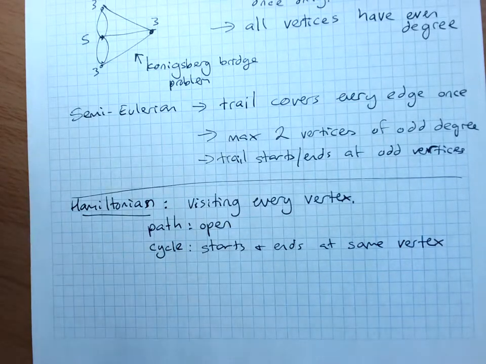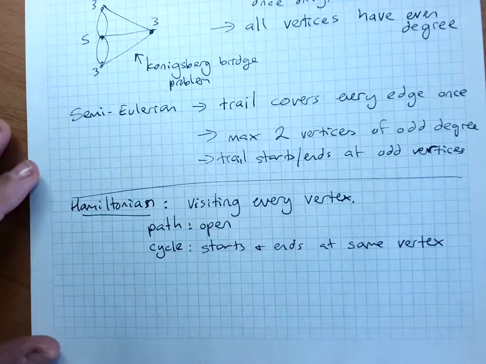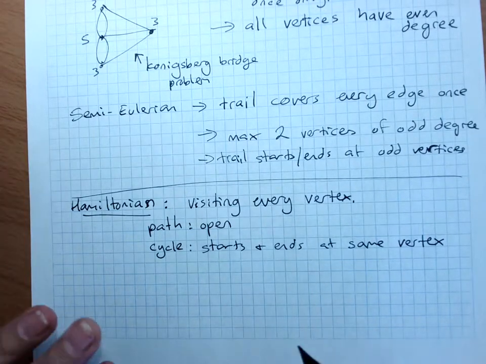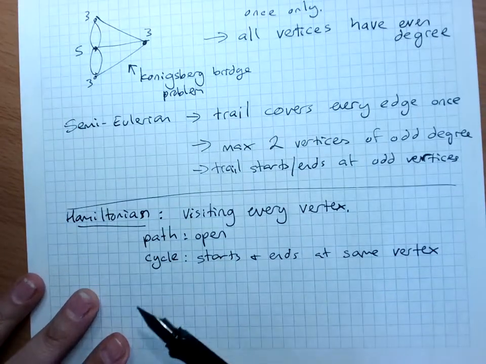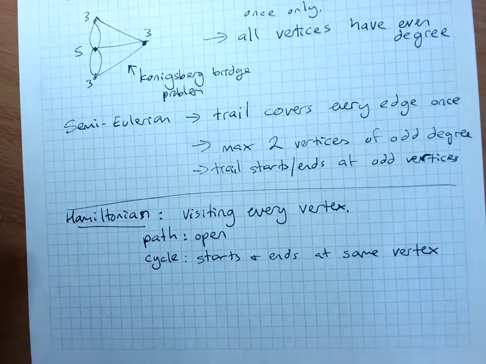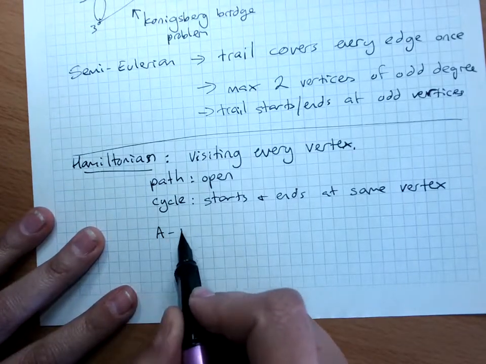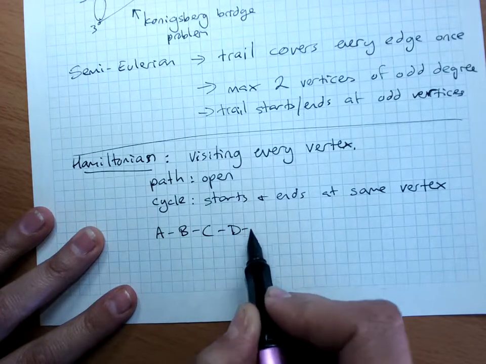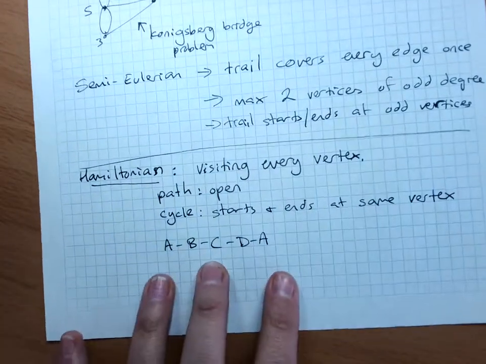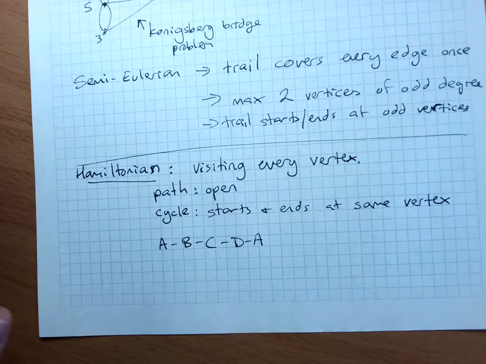When you're giving these walks, you explain which vertex you go to by listing the alphabet of the vertices that you're traveling to. So A, B, C, D, A is one way of describing the path that you're following.